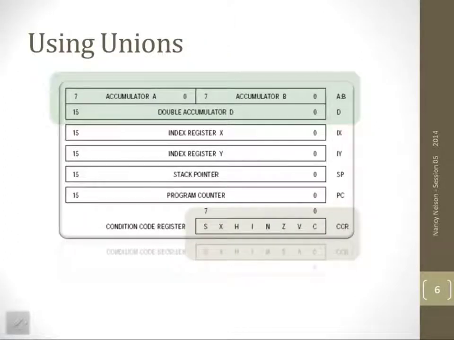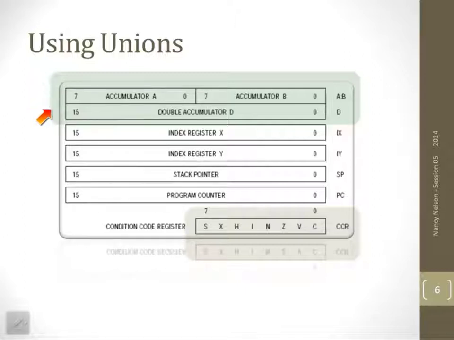A perfect application for a union is inside our microprocessor, where we have accumulator A and accumulator B physically sharing the same space as D. So if we're going to emulate that in a computer program, it would make sense to use a union to do that.